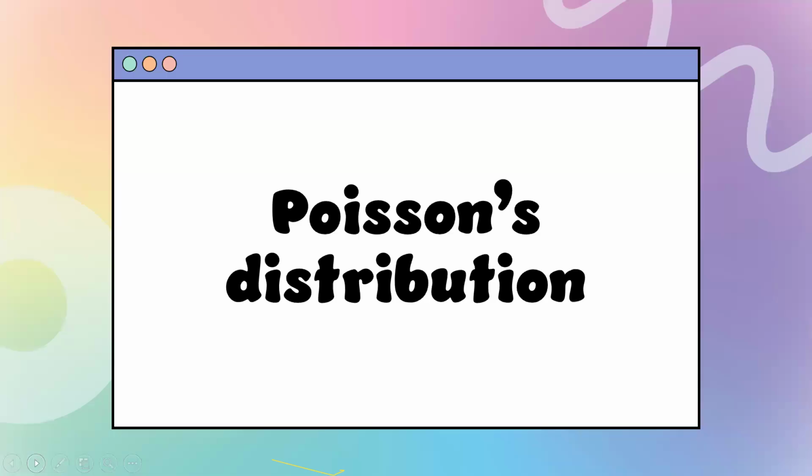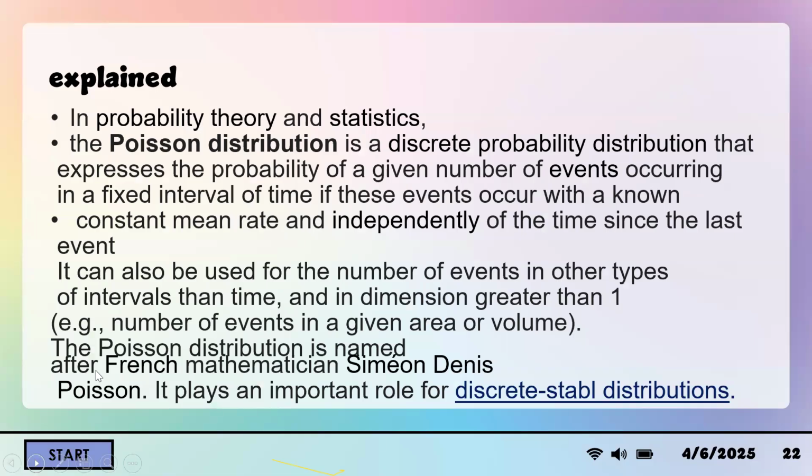So, the Poisson distribution, coming on to the next type of data distribution. In probability theory and statistics, the Poisson distribution is a discrete probability distribution that expresses the probability of a given number of events occurring in a fixed interval of time if these events occur with a constant mean rate and independently of the time since the last event.